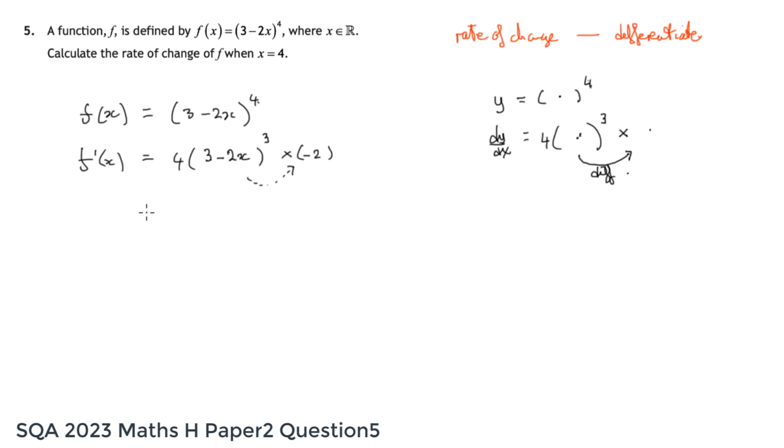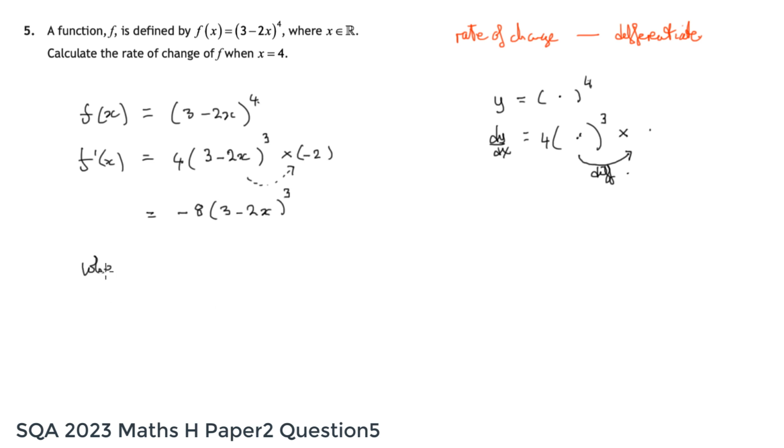So let's simplify this. 4 times this times -2. Now 4 times -2 is -8, so there's going to be a -8 outside that bracket, cubed. And that's our final rate of change formula. Now we're asked to find that rate of change when x equals 4.